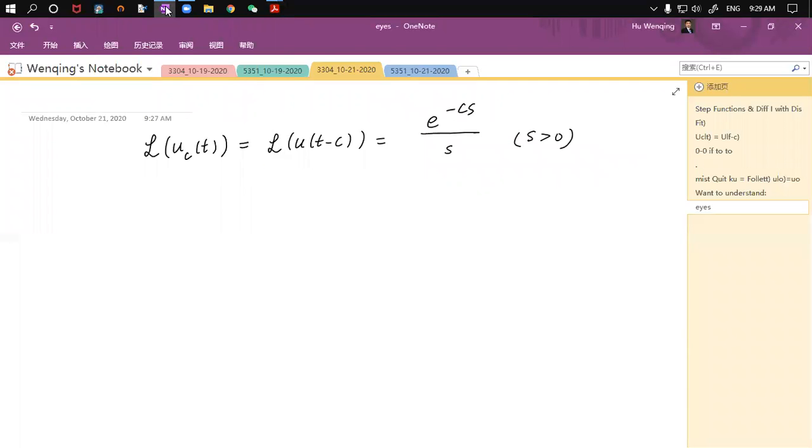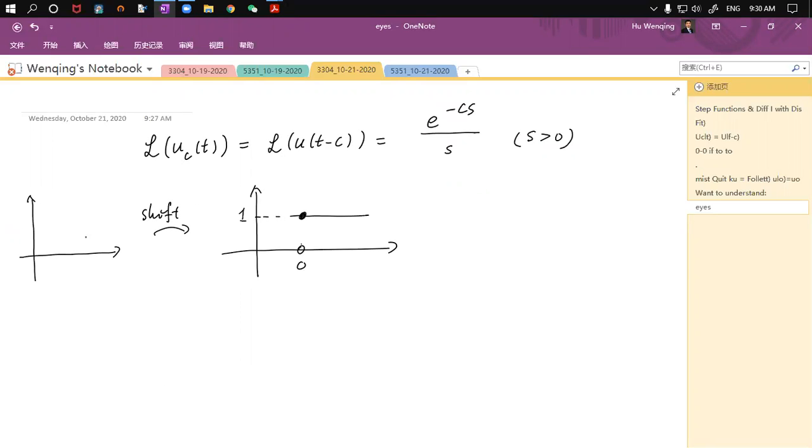By shift table, it means that if you think of the Laplace transform of u(t minus c), before time c you have 0, and after time c you have 1. This can be regarded as a shift of the original jump function.